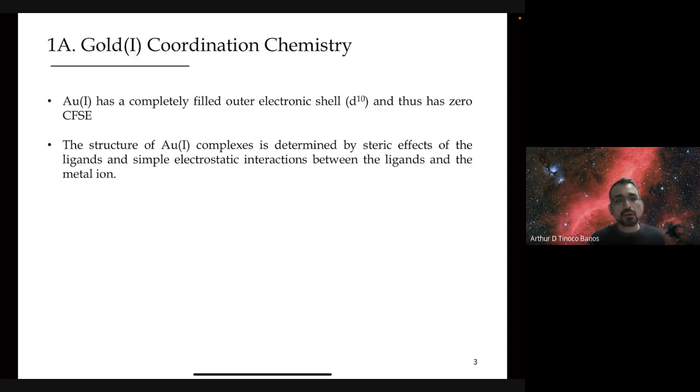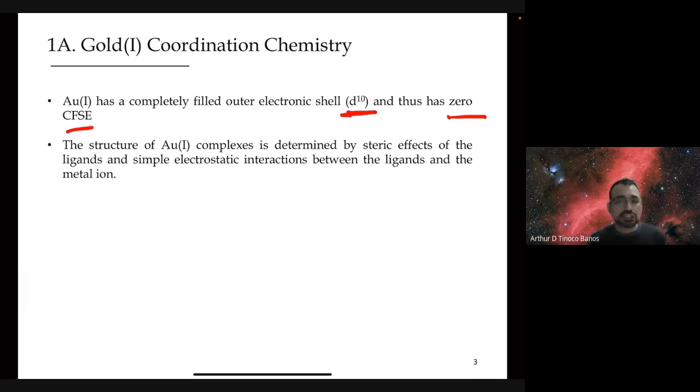So when we're talking about gold 1, it has a completely filled electronic shell with regards to the d orbital. So it is actually d10. And because it is d10, it has 0 crystal field stabilization energy. All right, so thinking back to our discussions about that, well, what does that really mean? Well, remember, we talked about crystal field stabilization energy as one of the factors that could be a thermodynamic drive for the formation of metal ligand compounds, right?